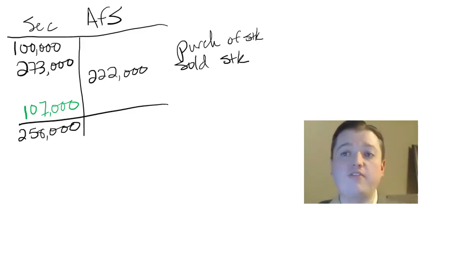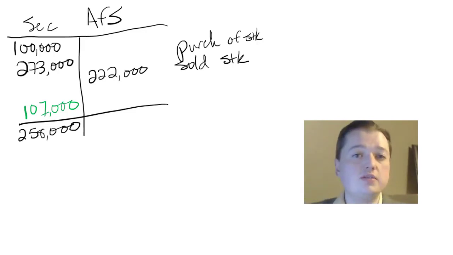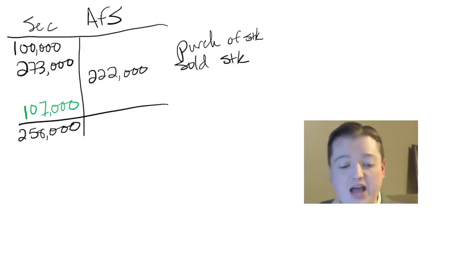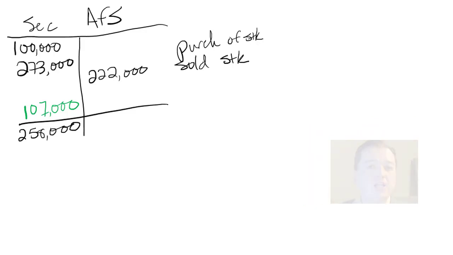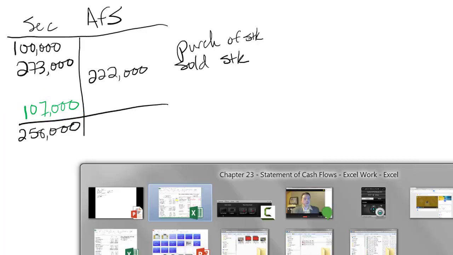They must have lumped the fair value adjustment in with the securities. And companies do that all the time. They keep two separate accounts, but they lump them together on the balance sheet. So I've got to figure out if the fair value adjustment was appropriately made, and if so, how much it was, because it might change this 107, and there might not be an extra cash flow effect. So let's go back to our balance sheet.